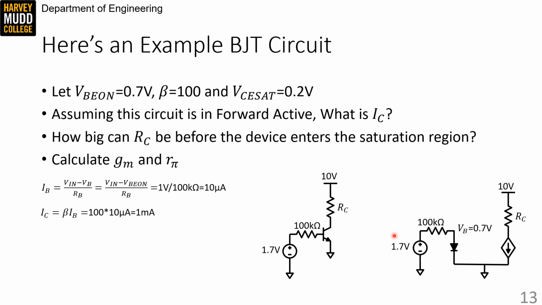Note that we can't find IC until we find IB, because IC is completely determined by IB in forward active. The base sets the behavior of the collector current, and moving the collector voltage around won't change it because of this dependent current source.